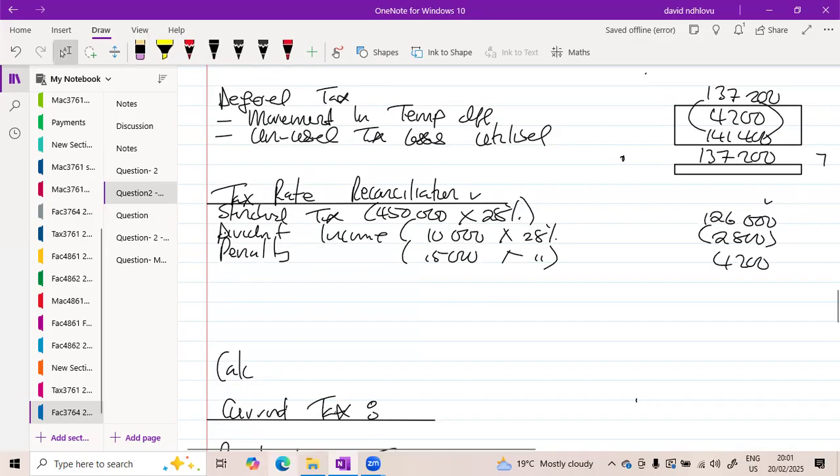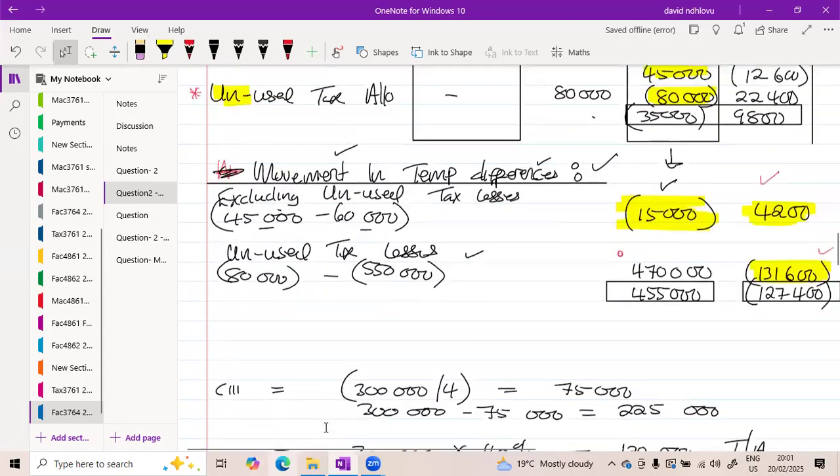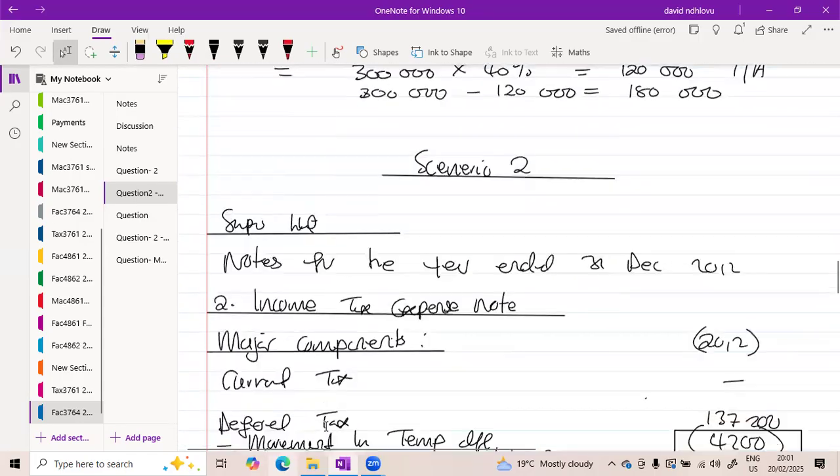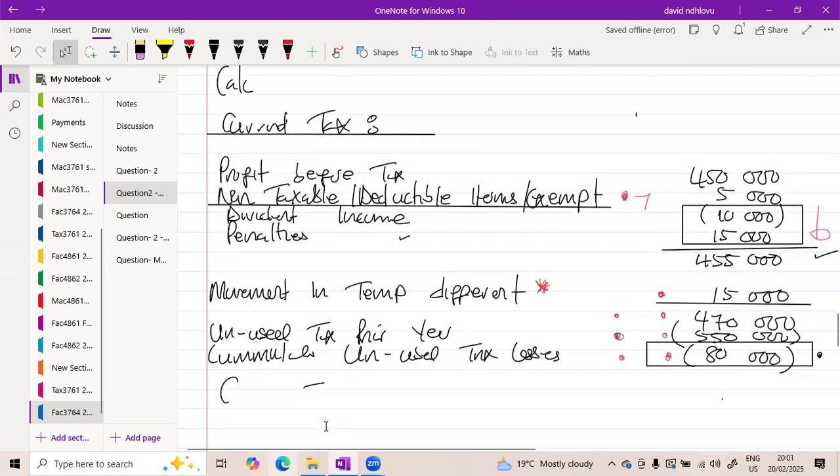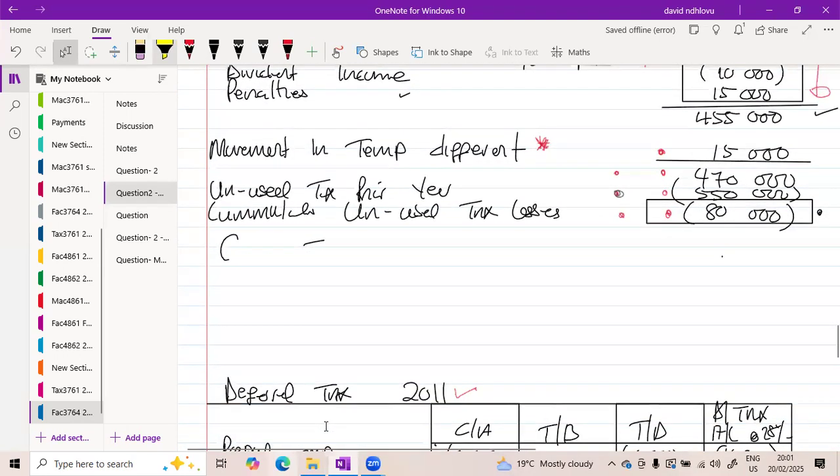Right, you see, when you go to the current tax calculation, our current tax was an amount of 450,000. This is the amount that defines our current tax for the current period.